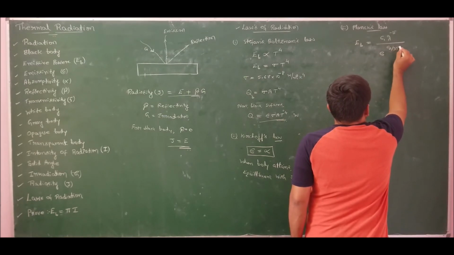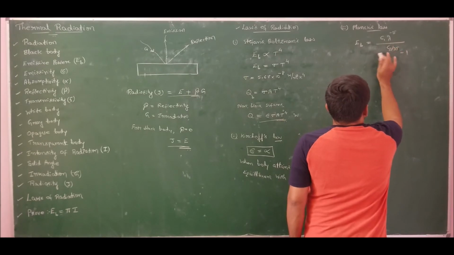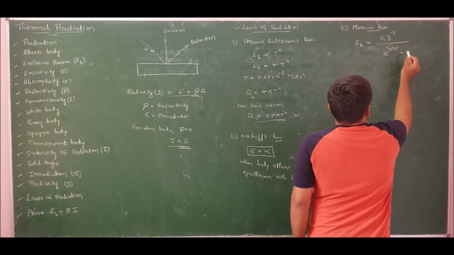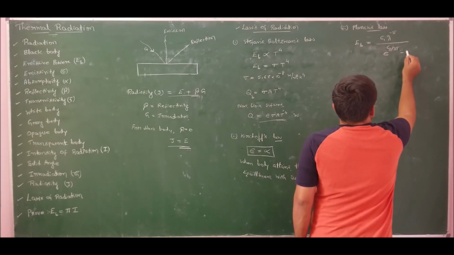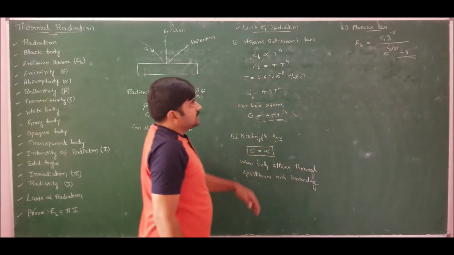Here e stands for exponential. So this is the equation given by Planck for spectral distribution.